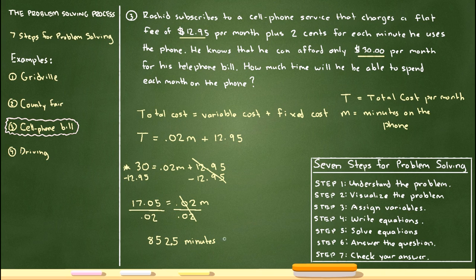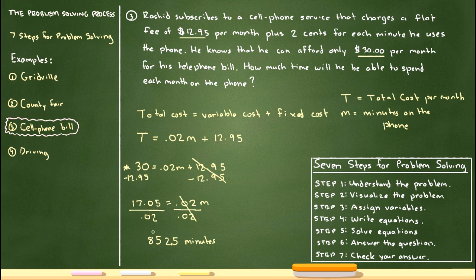Also, you just want to make sure, does this number make sense? 852.5. Yeah, that's more than 10 hours, but that's reasonable for talking on a phone each month, right? 10 hours, that's not too bad. It's a little more than 10 hours, but it's around 10 hours.